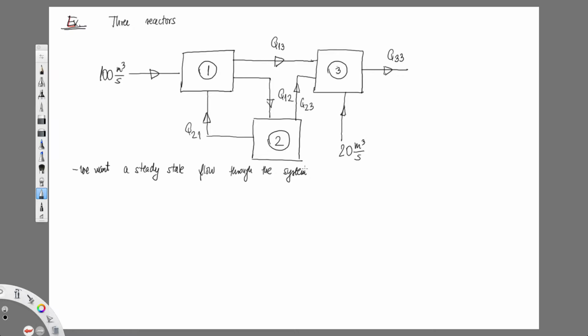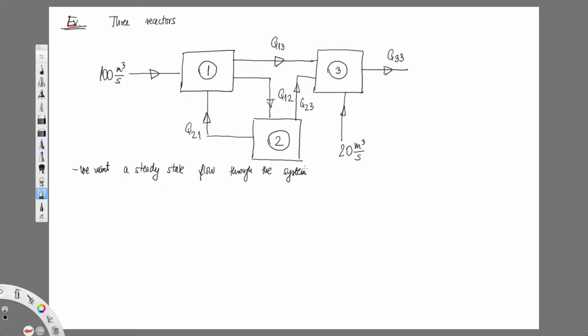For this entire system, when I just look at 1, 2, 3 together, what is the flux coming in? 120. Some of it is coming into 1, some of it coming into 3, and what is coming out? Just based on that, what is Q33?